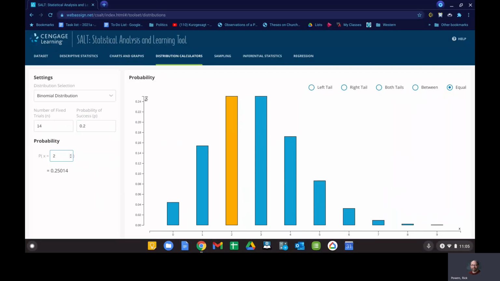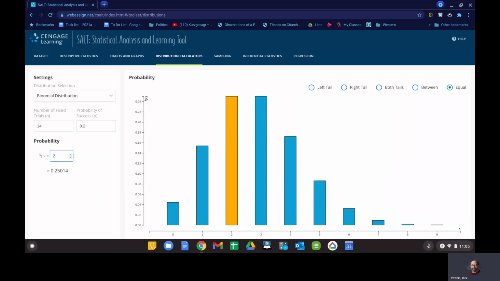It's more likely than other things, but I still don't know. It's only 25%. So I don't really know for sure what's going to happen. It could be 0, could be higher, could be lower, could be 2, 3, maybe 4. Any of these are possibilities. So then this is a mathematical way to describe all of these possibilities.